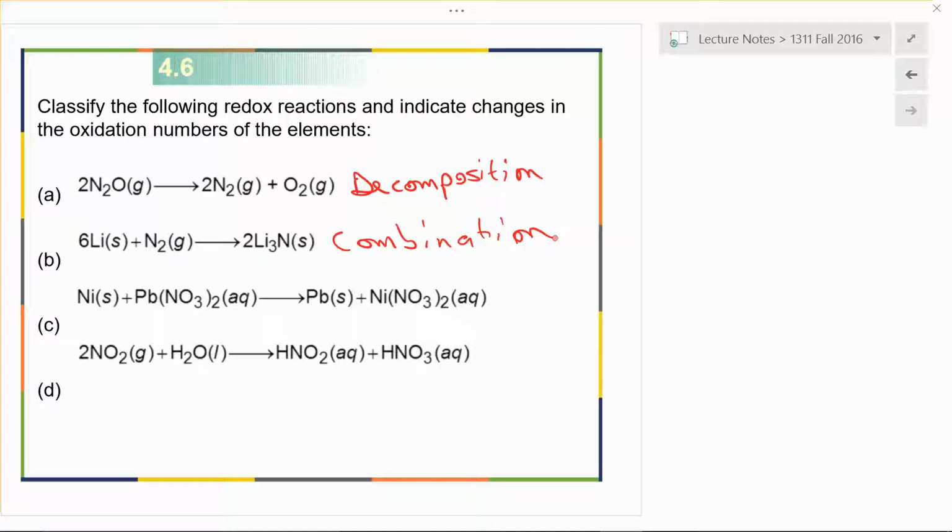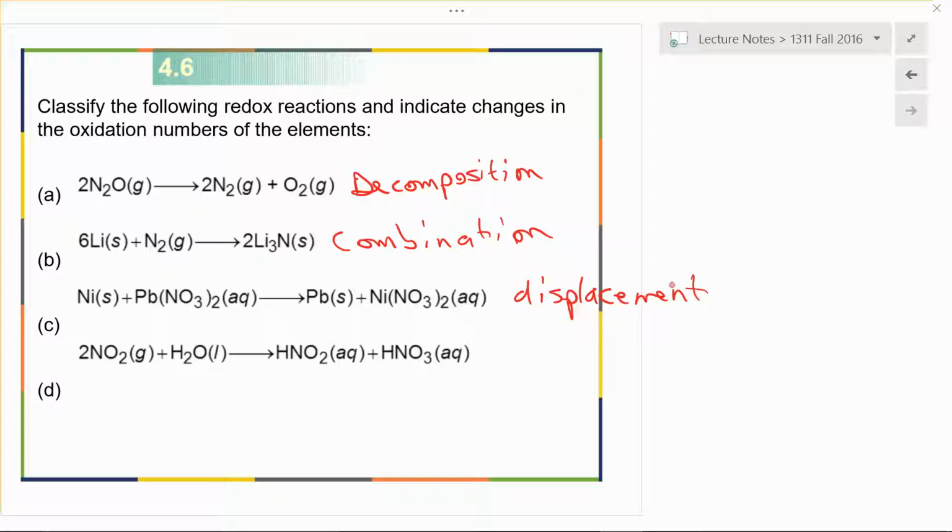Okay, how about this one? And that would be lead displacement? Well, the lead was displaced, so I guess you could describe it as lead displacement. Or metal displacement is what we would mostly describe it as.